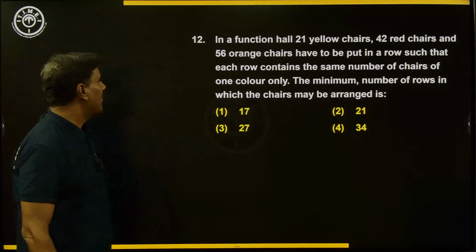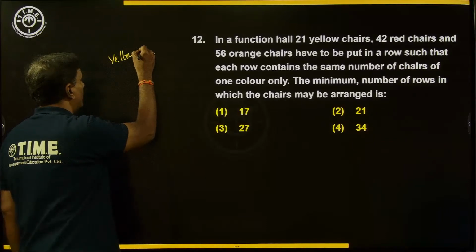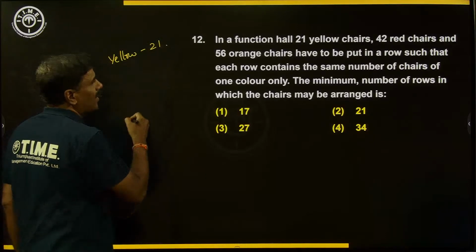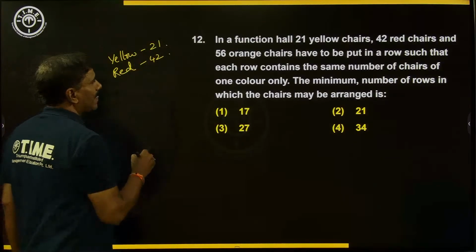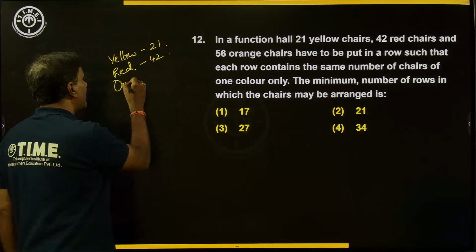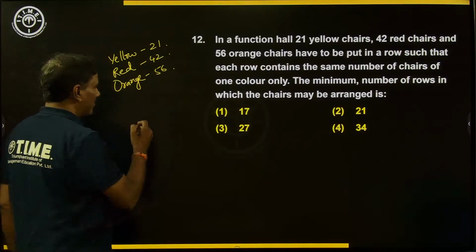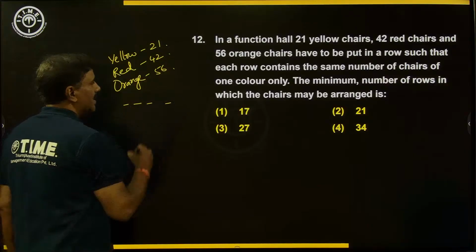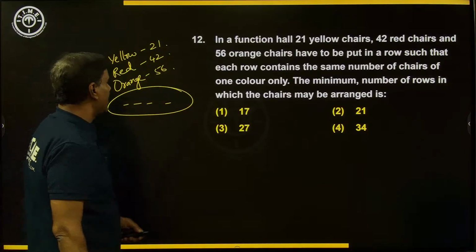So if you are observing carefully, we have 21 yellow chairs, 42 red chairs, and 56 orange chairs, right? We have to arrange them in rows such that each row contains chairs of the same color.